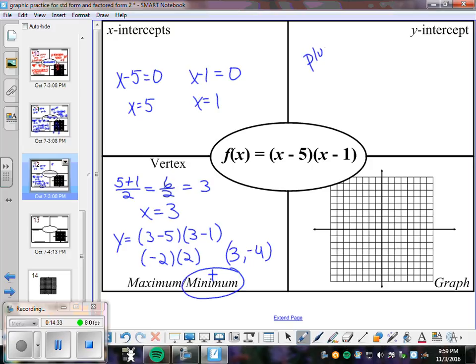Plug in 0. So we'll end up with negative 5 times negative 1. That's going to be a positive 5. All right, graphing.